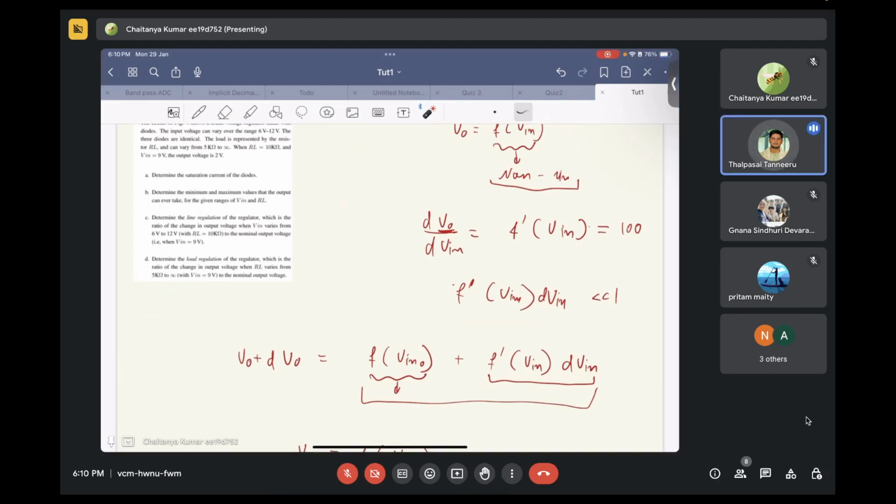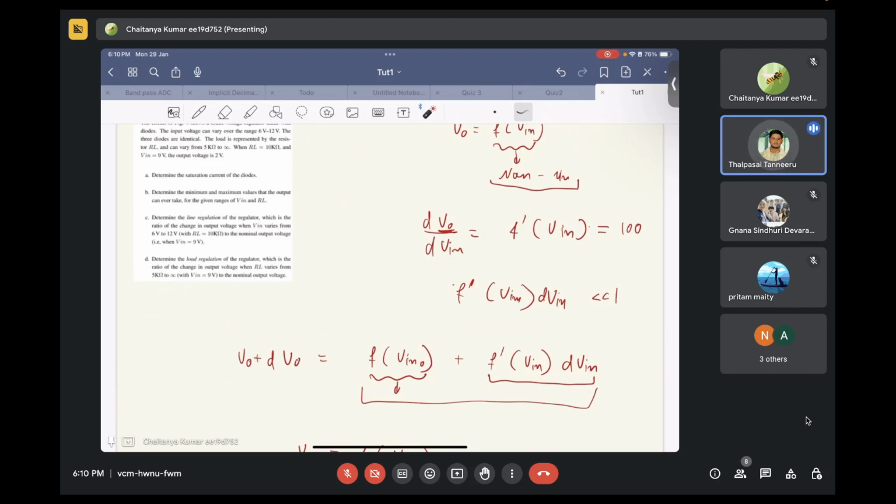Yes, sir. In the class, sir gave an example with the help of a diode. While deriving, at the end he came to a conclusion that if the derivative is much less than this thing, then only it is incremental.